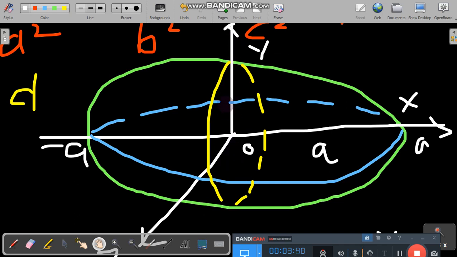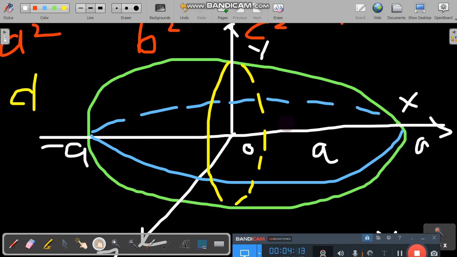Suppose from here to here it is b, then in the opposite direction it is minus b, the total is 2b. Similarly, in this direction it may be 2c. Suppose the point is not lying on the straight line but lies elsewhere, then we call it a principal axis.